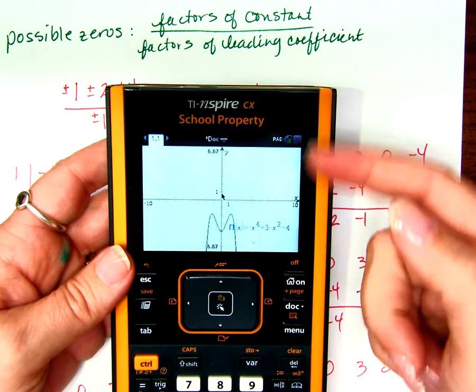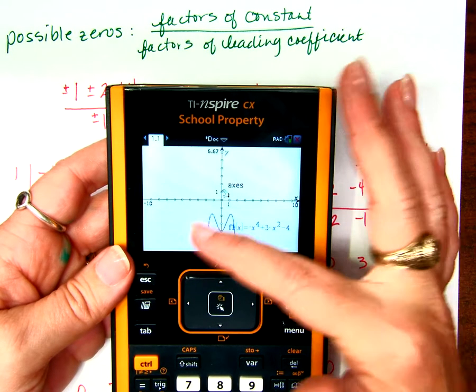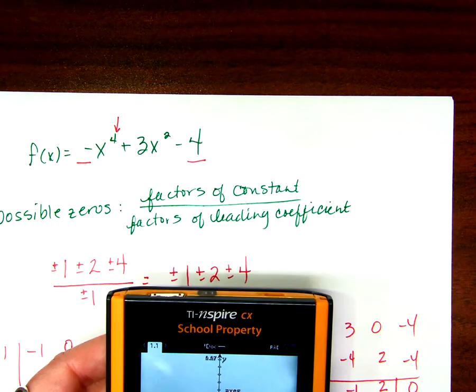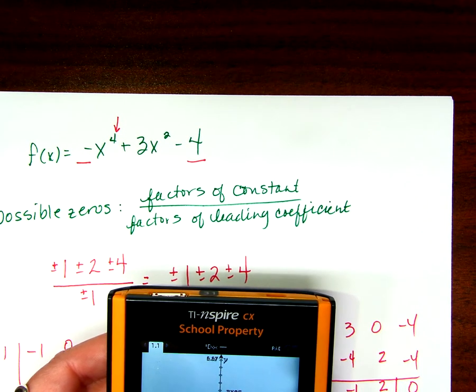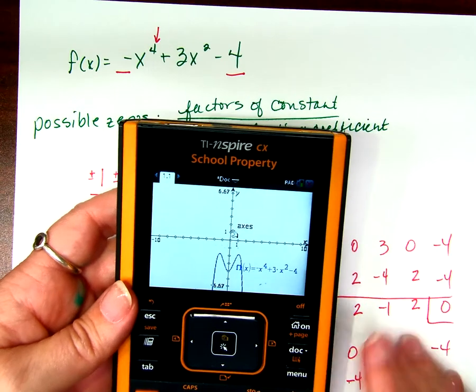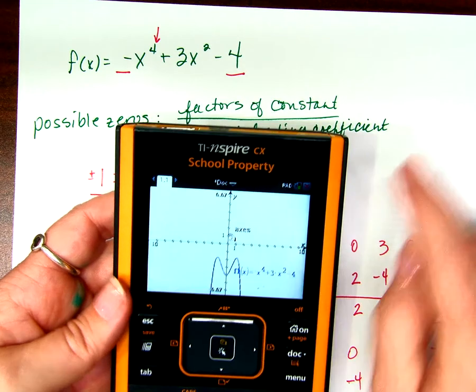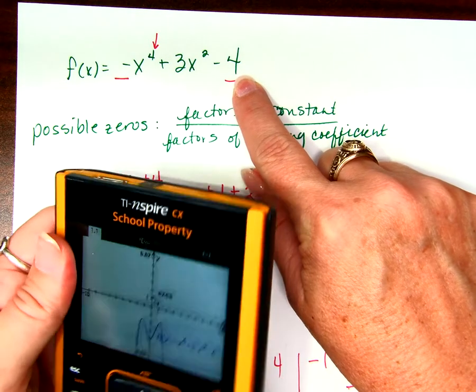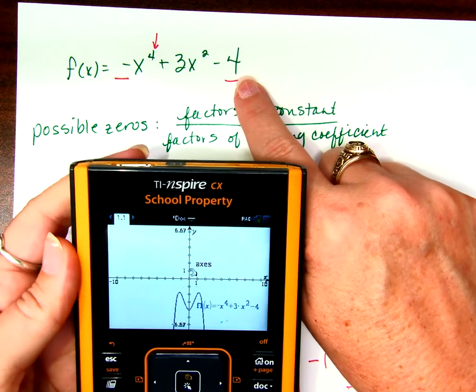No, not negative leading coefficient. Remember, it's going to be opening down since that was an even exponent, they're both going to open the same direction, the left and right behavior. But it goes down. So since we knew that the y-intercept was negative 4, we could have known beforehand.